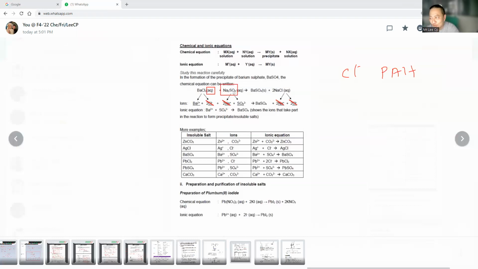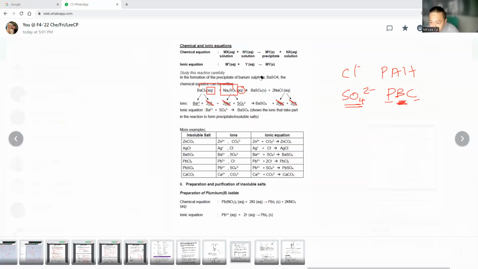All right, Na2SO4. Na is already soluble, no need to say. All SO4 are soluble except PbSO4 and BaSO4, so no need to say this one is soluble, so it is aqueous. Now BaSO4: all sulfates are soluble except barium, so this is not soluble.